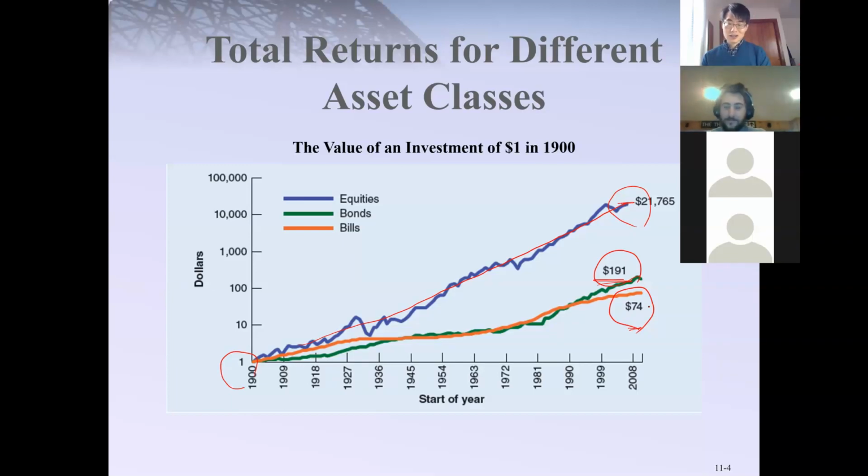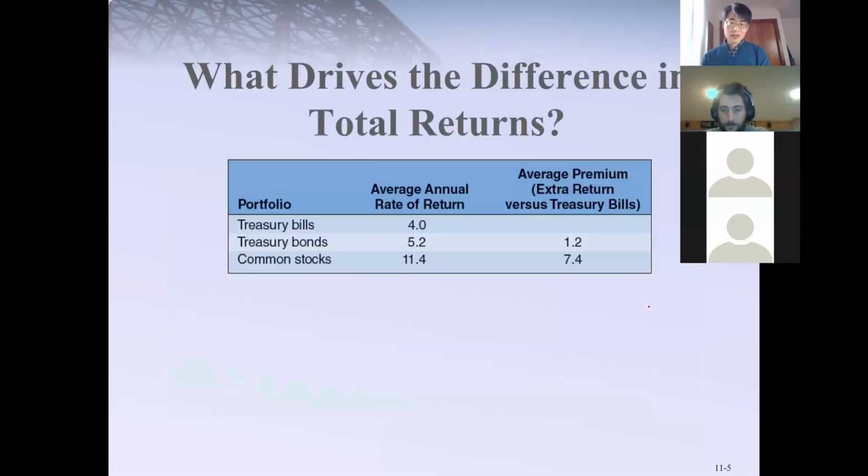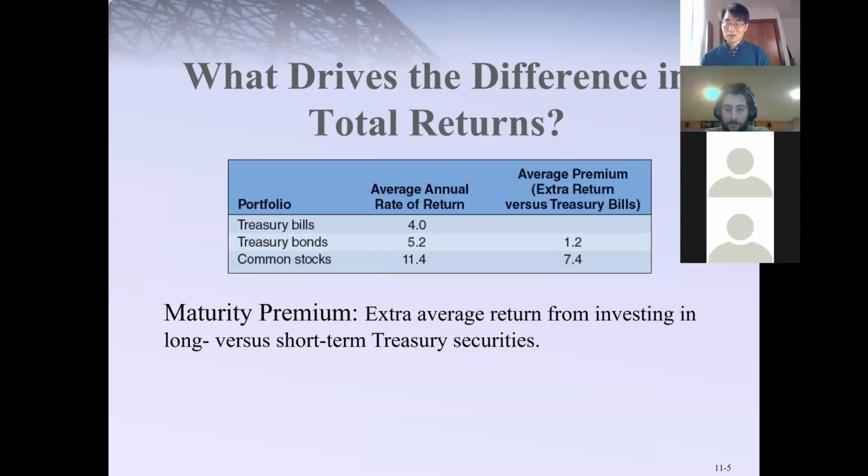Then the question is, why would anyone buy T-bills? Why would anyone buy bonds? Right? The reason is because T-bills and bonds are safer, and T-bills are safer than bonds, and bonds are safer than stock, right? So what explains the differences in the total return? The first one is the maturity premium.